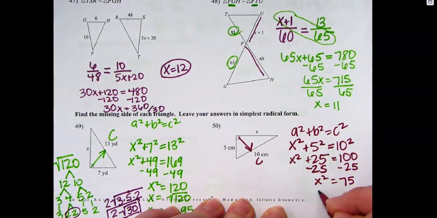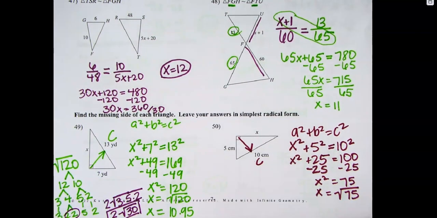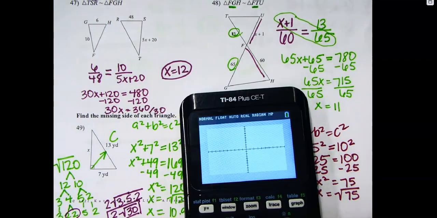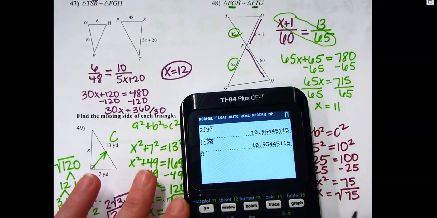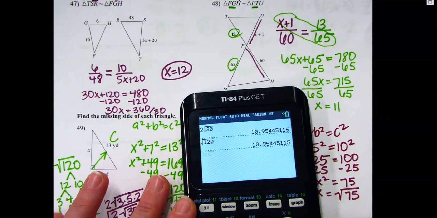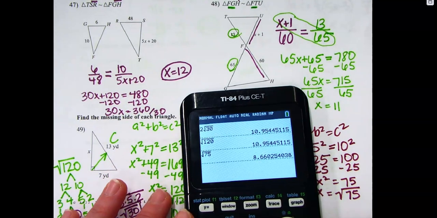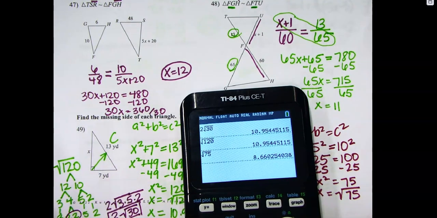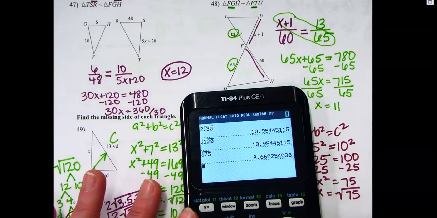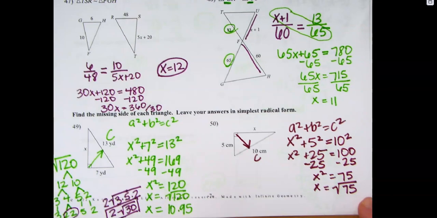Now I'm going to take the square root of 75. Now, if you give me the decimal, that's totally fine. I don't care. But, just like I just said, it does ask for your answer to be in radical form. So 8.66 is fine, or 8.67 is fine. But your test is going to break this down.